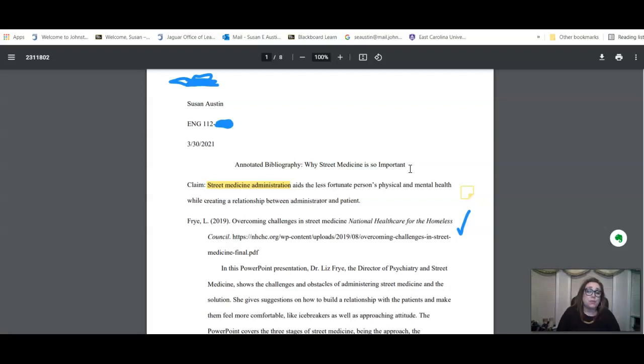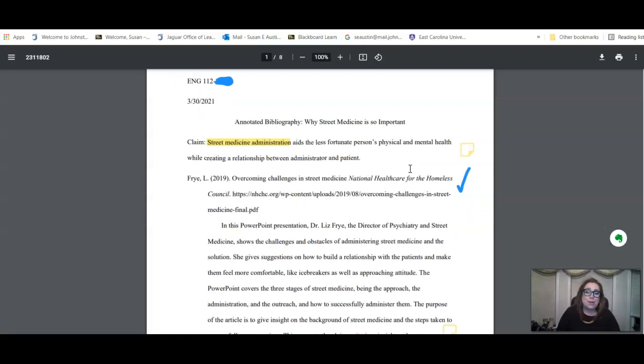This particular student wanted to go to medical school and become a doctor, and she sort of stumbled on this topic about street medicine and how doctors are offering free medical services and sort of bringing the medical services to the streets rather than expecting people to be able to find clinics and things like that. So it was a great topic.